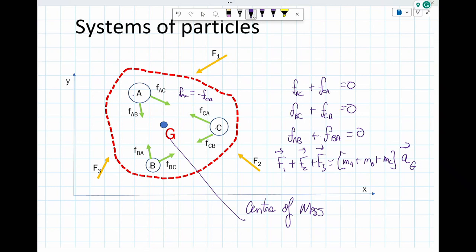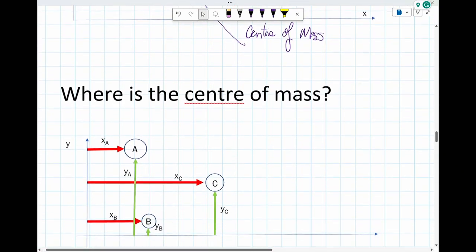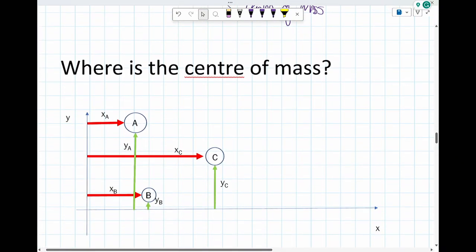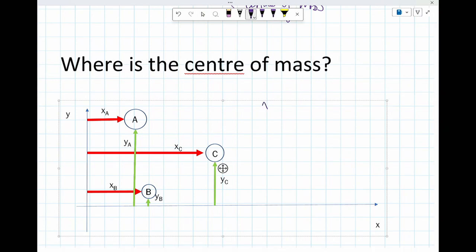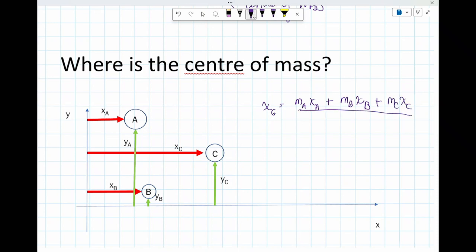So you keep following along with all of that, which leads to the question, what is the center of mass and where is it? If I take that same diagram and put my coordinates down, x and y, I have xg, which is located at ma xa plus mb xb plus mc xc, all over the sum of masses.